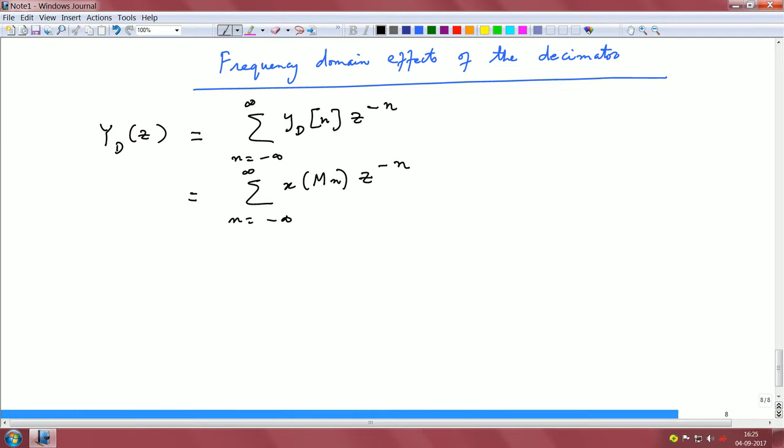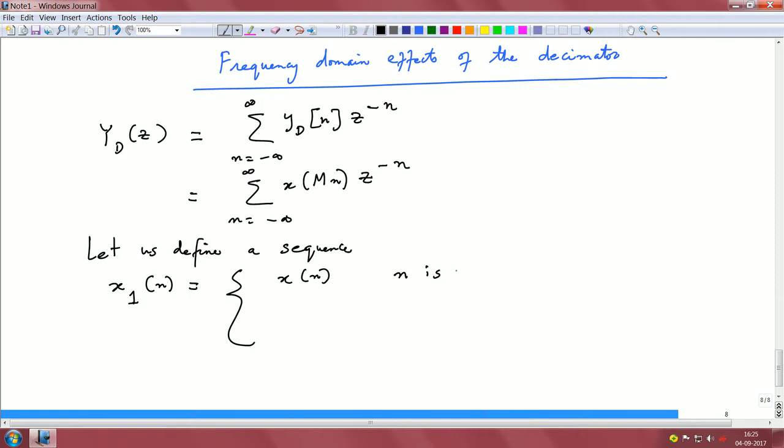Now this is not enough for us to proceed. So let us define a sequence x1 of n equals x of n when n is a multiple of m and 0 otherwise.